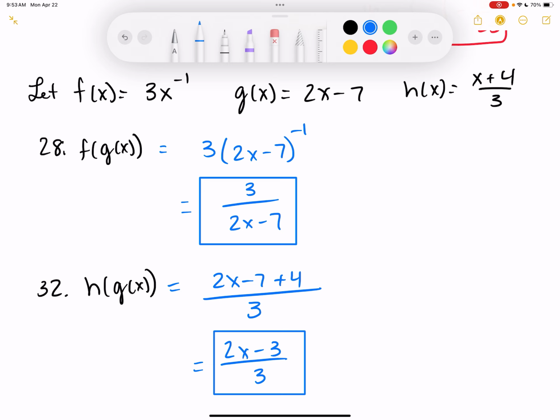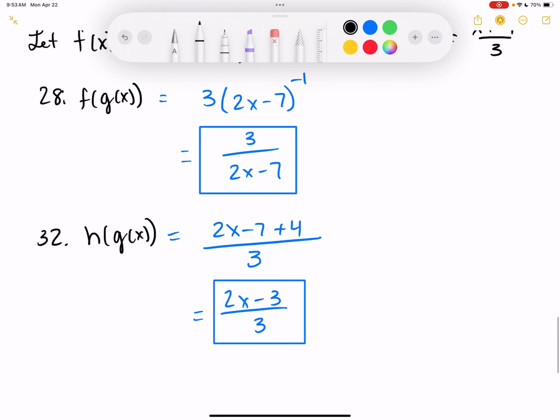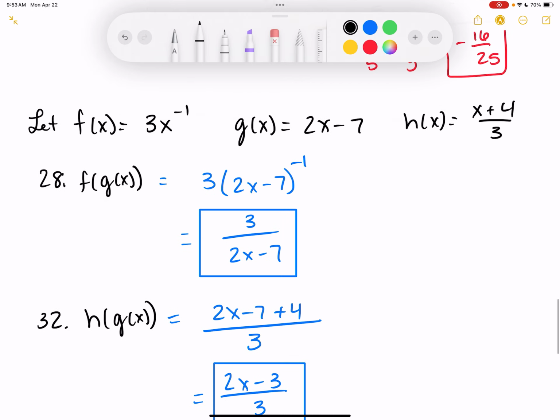One more thing, just because people tend to struggle with this kind specifically, is h of h of x. Now, the reason I say people tend to struggle with this is not because it's plugging the same function into itself. It's because h of x is a fraction. So I'm going to have x plus 4 over 3, plus 4 over 3.